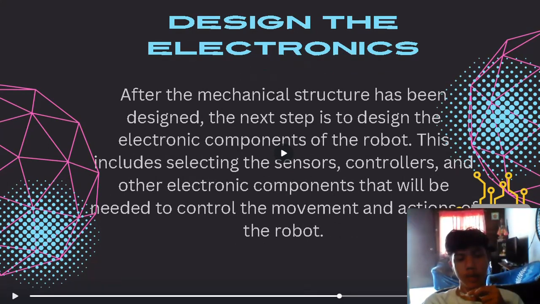After the mechanical structure has been designed, the next step is to design the electronic components of the robot. This includes selecting the sensors, controllers, and other electronic components that will be needed to control the movement and actions of the robot.